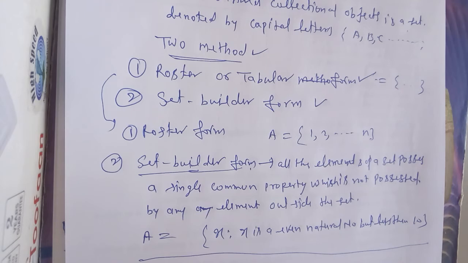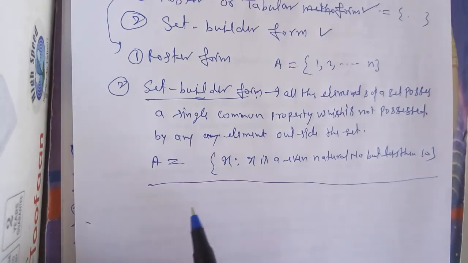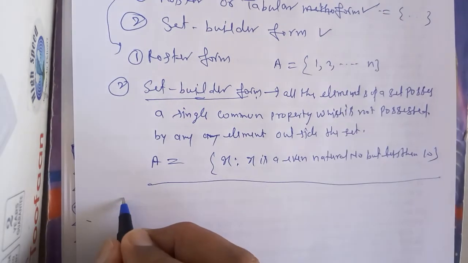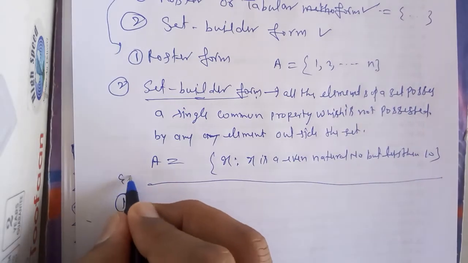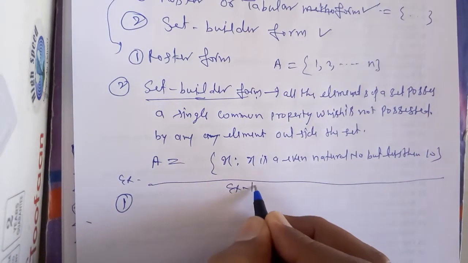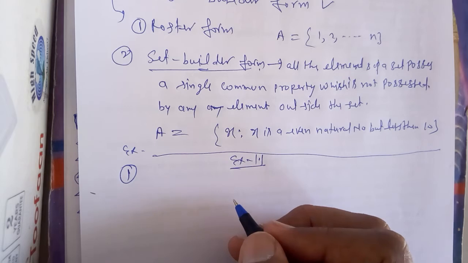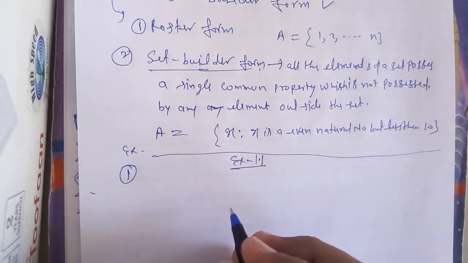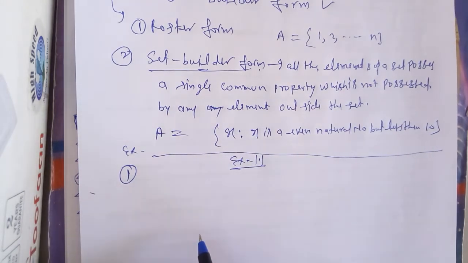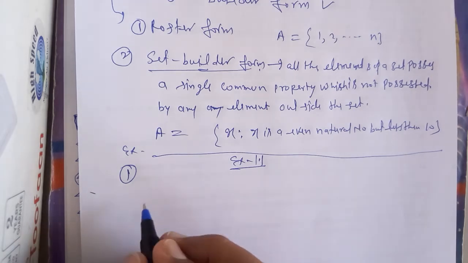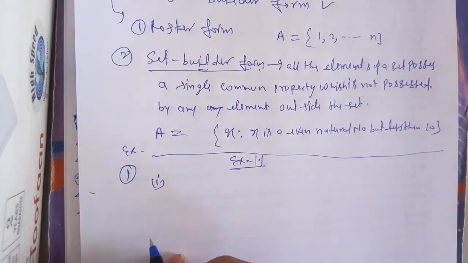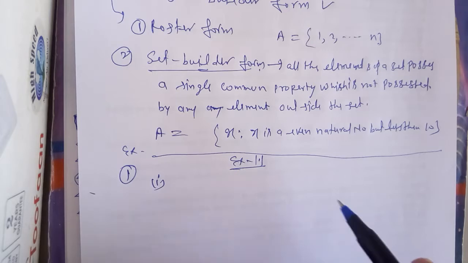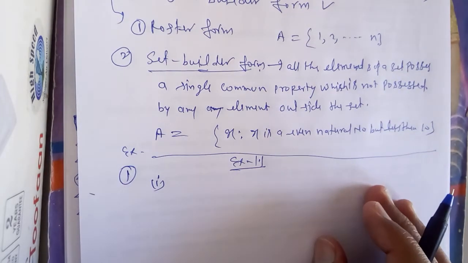Now let us take question number 1 of exercise 1.1: which of the following are sets? Justify your answer. Before this exercise starts, you can see the symbols of set.